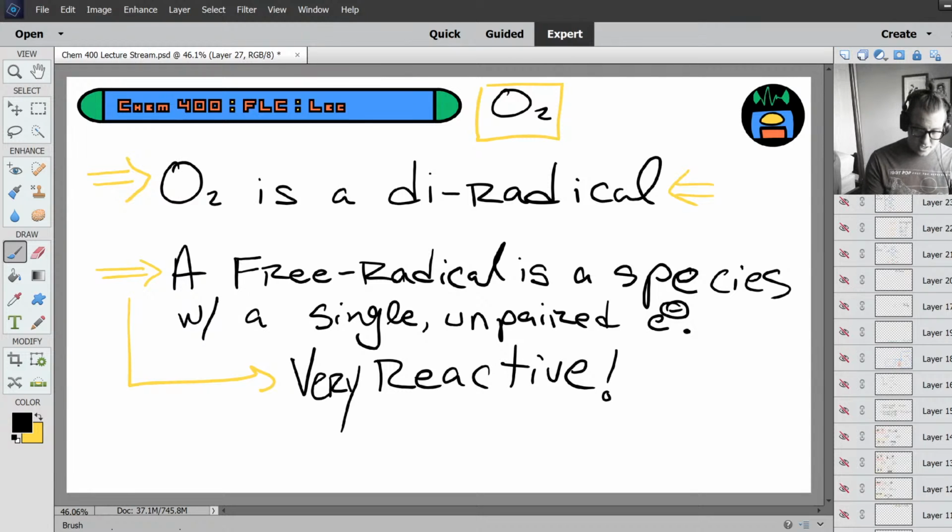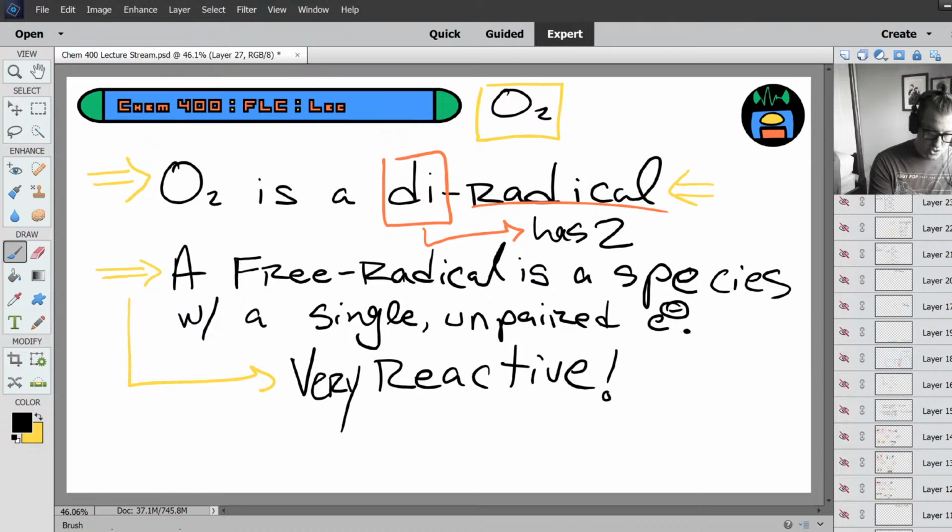Now, oxygen, you'll notice, is a diradical. That means that oxygen, the molecule, has 2 unpaired electrons. All right, 2 unpaired electrons.